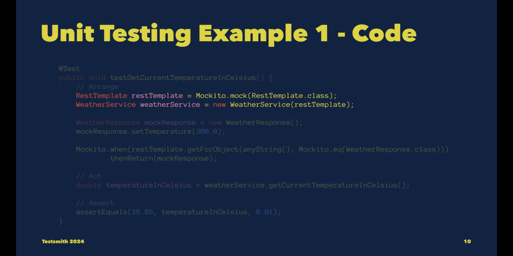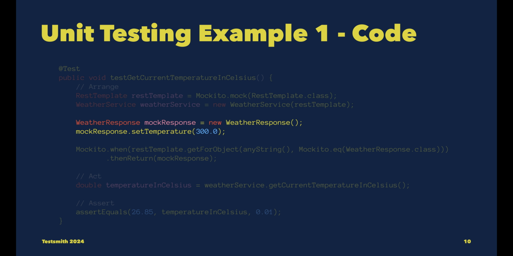The REST template is being mocked using Mockito, which means we're creating a mock version of this class to control its behavior during the test. This mock object is then passed to the constructor of WeatherService to create an instance of WeatherService. This setup allows us to test WeatherService without making actual HTTP calls.